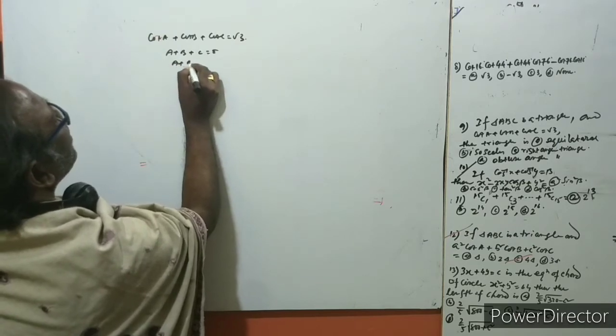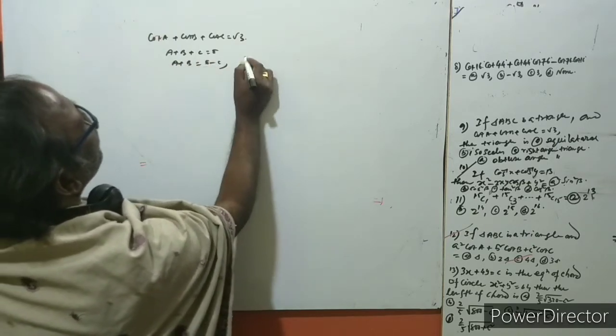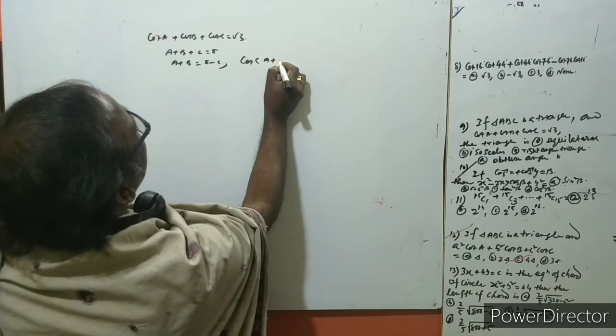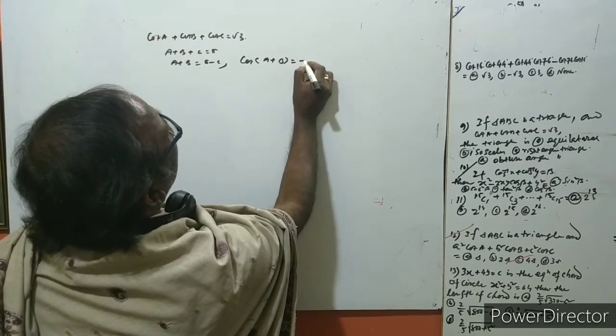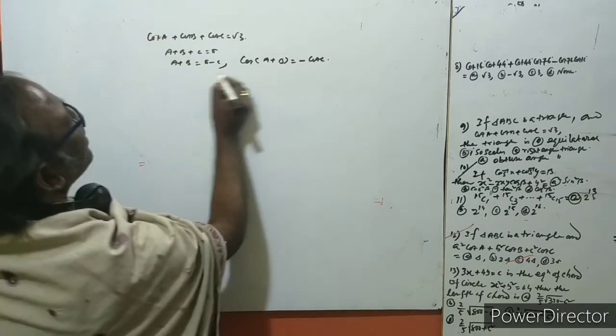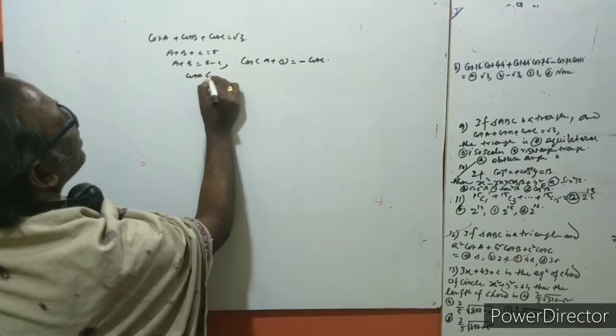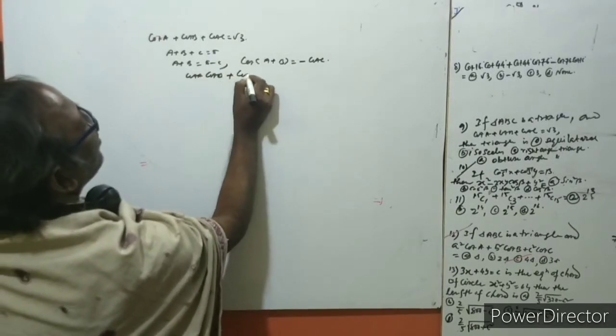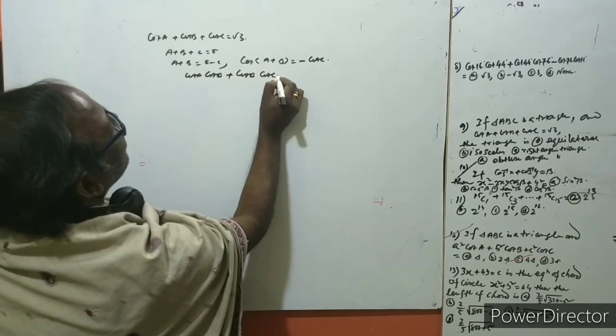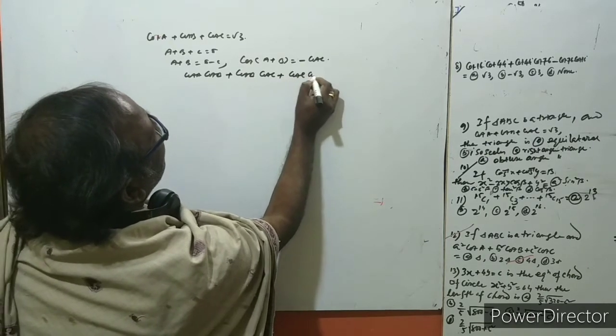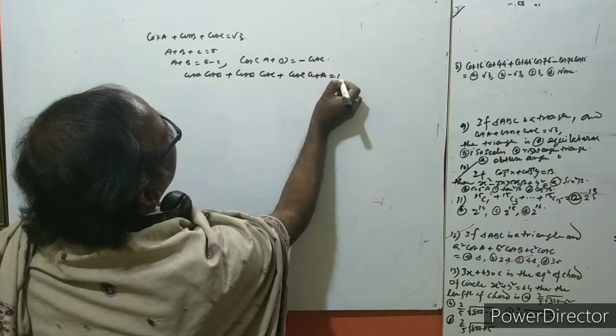So A plus B is equal to pi minus C. So cot (A plus B) equals minus cot C here. Expanding this, we get cot A cot B minus 1 over cot A plus cot B, and cot A is equal to 1.